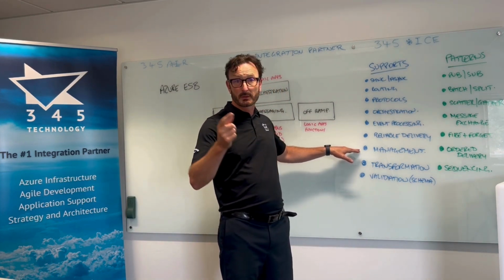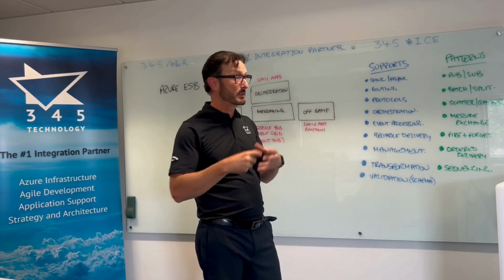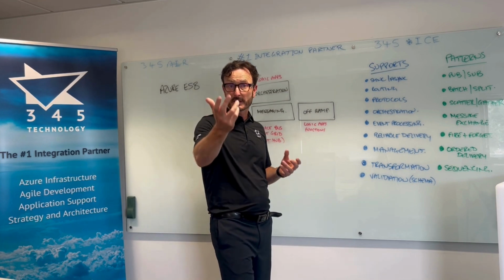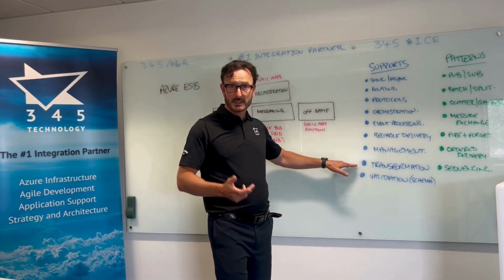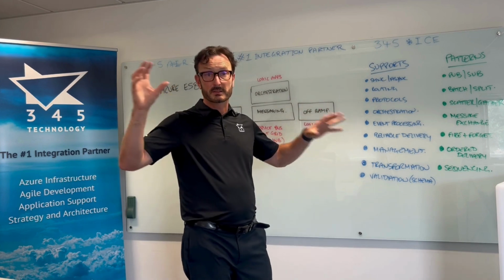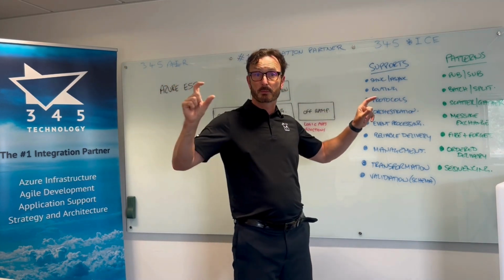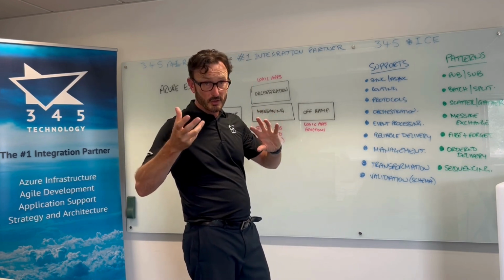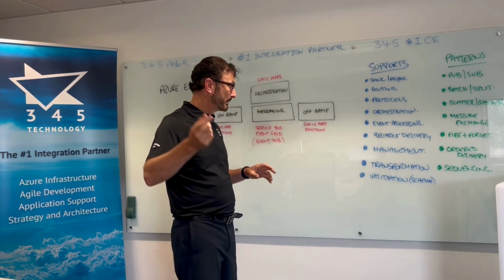We need management, so we need to be able to monitor this, we need to be able to support it, we need to be able to know what's happened, we need to be able to know what the issues are. We have to transform messages, so not only might different systems communicate with a different protocol, they might communicate with a different schema. So we need to be able to transform from one message schema to another.